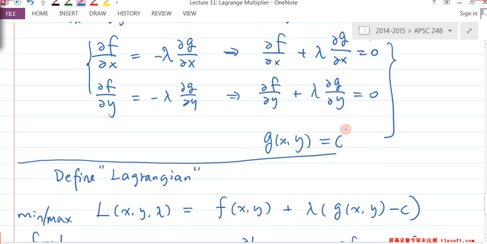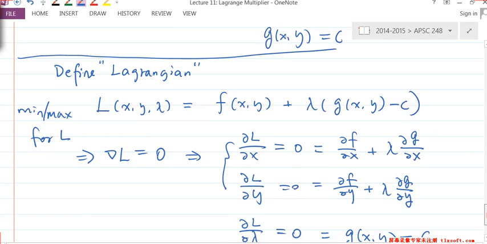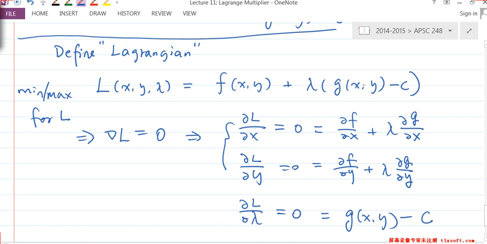These are the same thing. So that's why this Lagrangian is an equivalent formulation given the original problem. Is that clear?